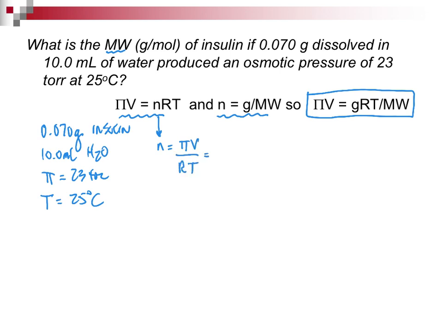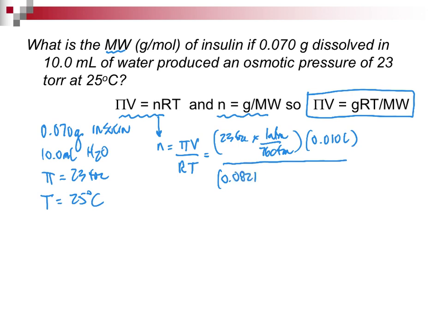What is my pi? Well, 23 torr, and I know that 1 atmosphere is 760 torr. The volume that they gave me was 10 mLs, 0.010 liter, divided by R, 0.0821 liter atmosphere per mole Kelvin, and my temperature was 298 Kelvin, all right?